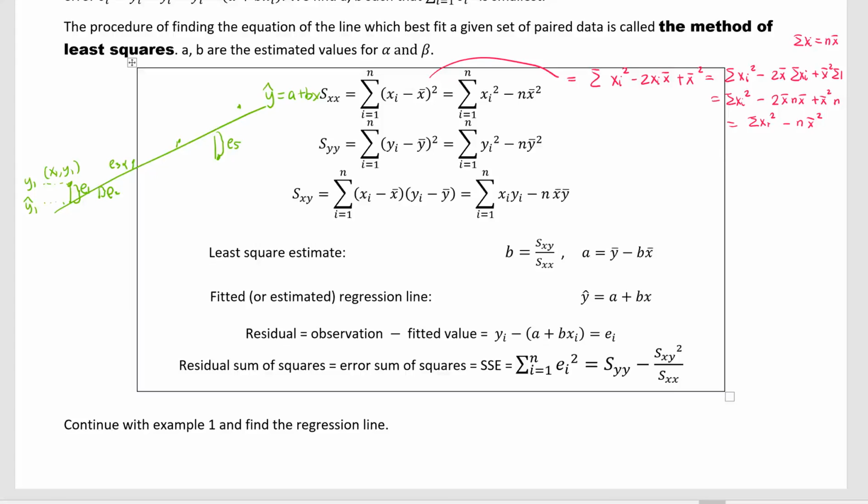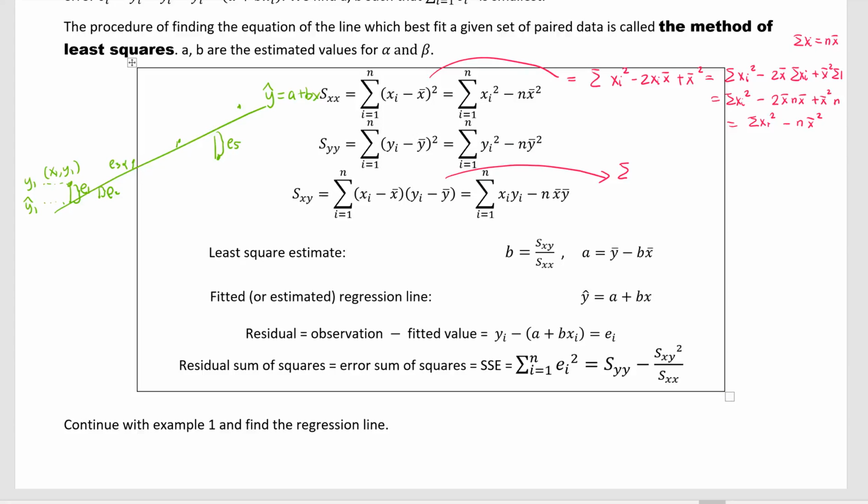Similarly, when we define SYY, just replace x by y, and it's the same thing, right? And this guy, when we define SXY, is the sum of xi minus x bar times yi minus y bar. And what is that? I can show you here.